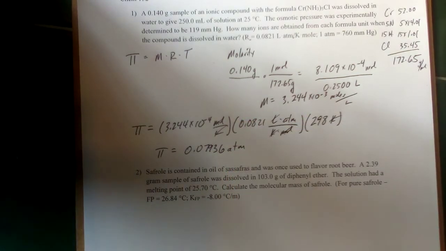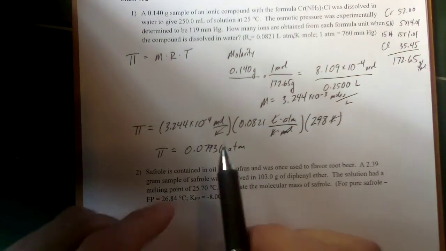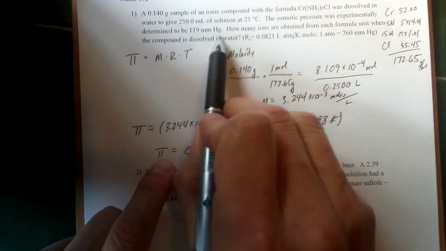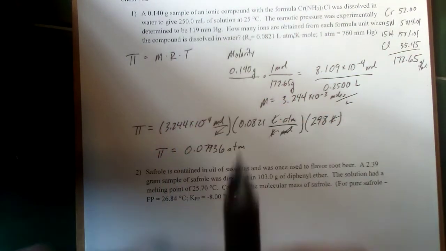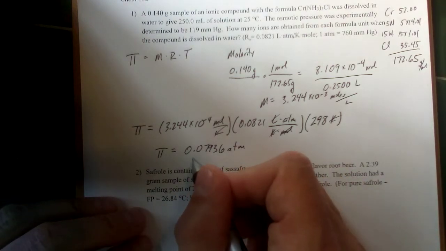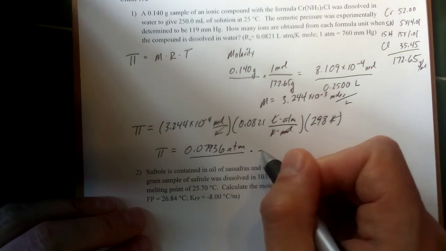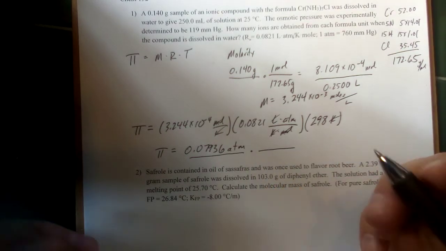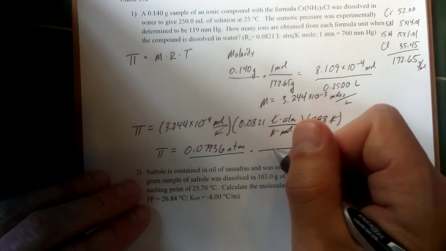atmospheres. Right? Now we have to think carefully here. I want to compare this pressure to the one given in the problem. The one given in the problem was not in atmospheres, it was in millimeters of mercury. So it might be wise to take this answer, convert it to millimeters of mercury to make that comparison a little more straightforward.